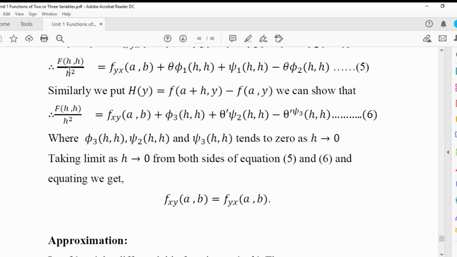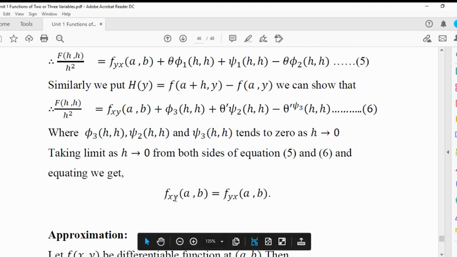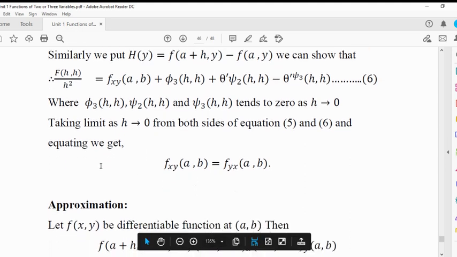Now the limit of this is equal to the limit of this, therefore the limit of fyx(a, b) is equal to fxy(a, b). There is no term of h, therefore its limit is nothing but fyx(a, b) and fxy(a, b). So both are equal: fxy(a, b) is equal to fyx(a, b).